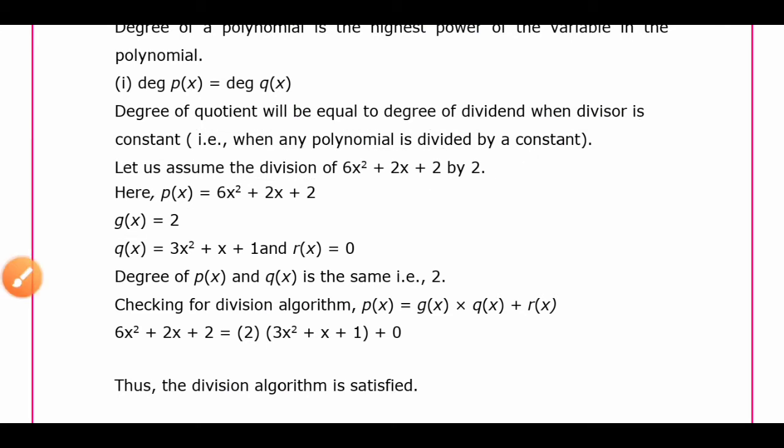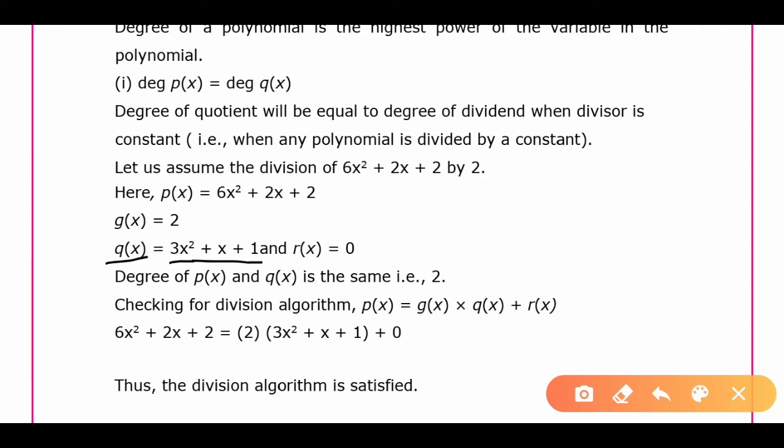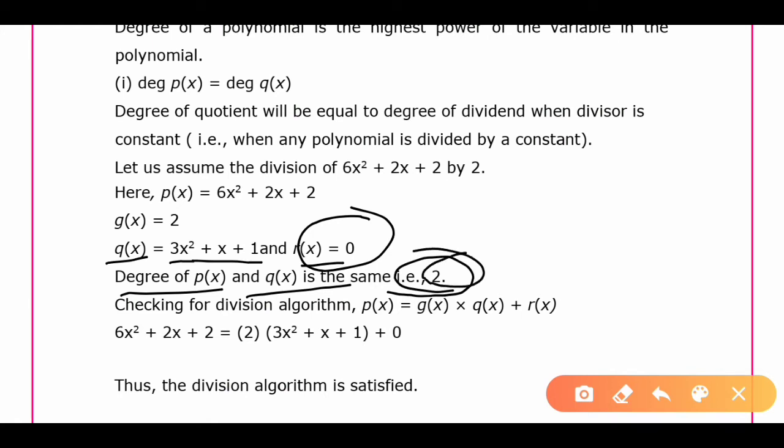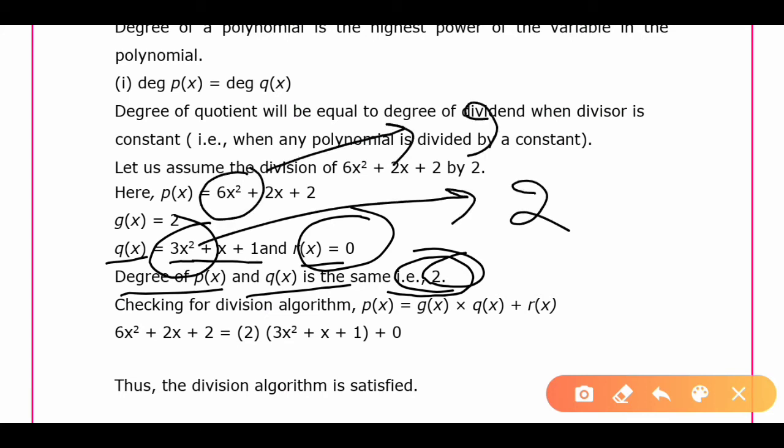So q of x will be equal to 3x square plus x plus 1 and the remainder term r of x will be equal to 0. The degree of p of x and q of x is the same, and that is equal to 2. You can see here 3x square degree is 2 and 6x square degree is 2. Clear?